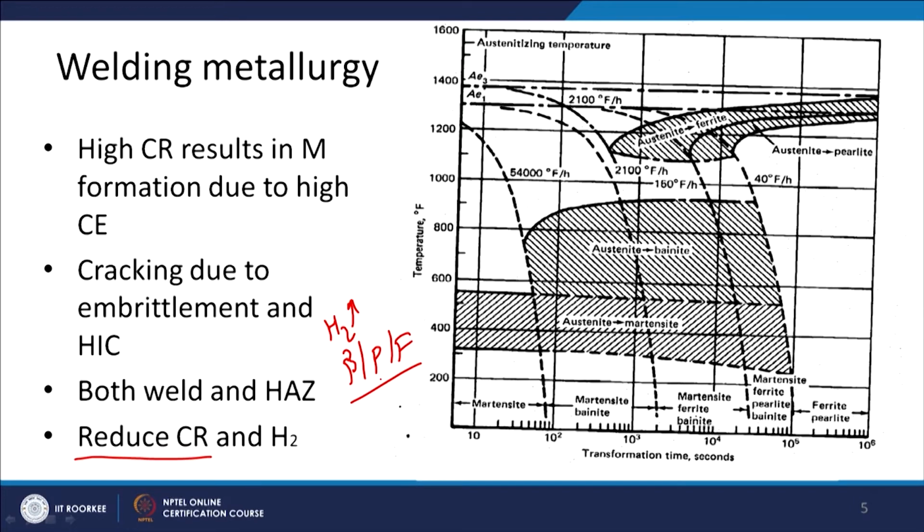instead of the martensite. There is one more aspect, related to the preheating of the steel. We know that in this case the formation of the martensite will start on rapid cooling at 550 degree Fahrenheit.